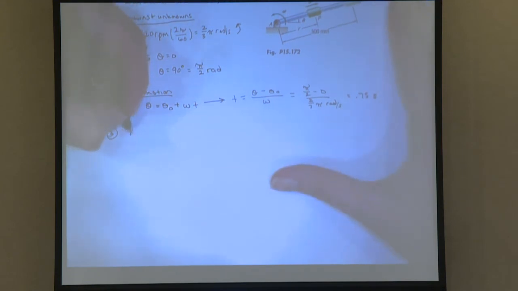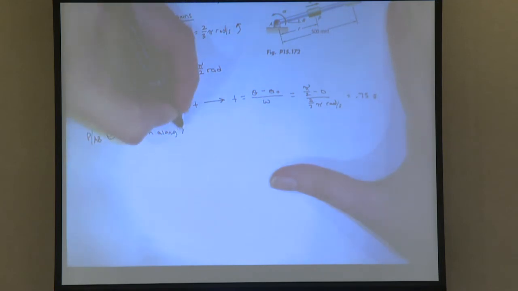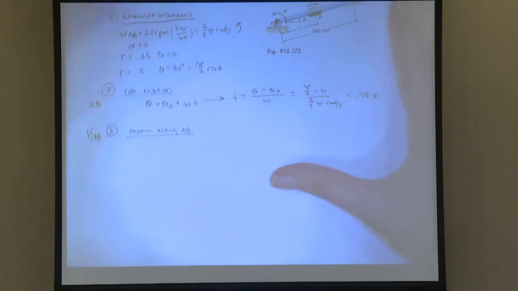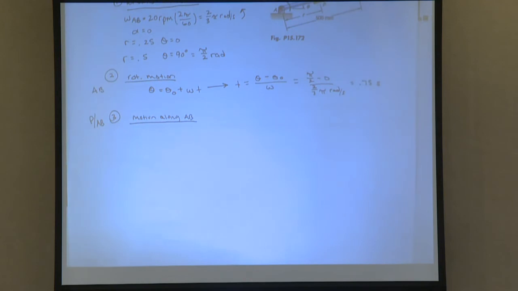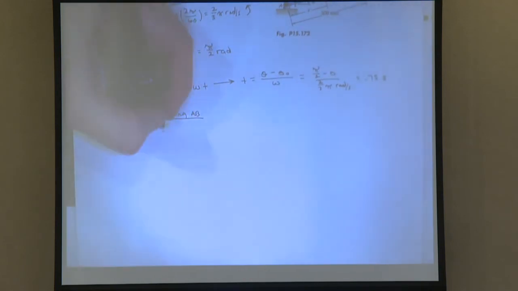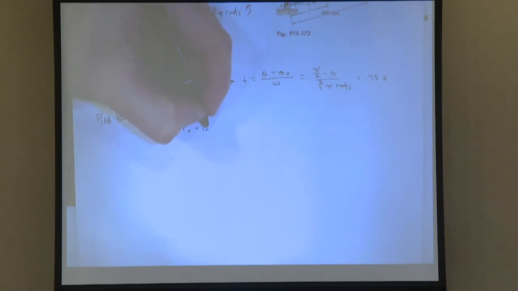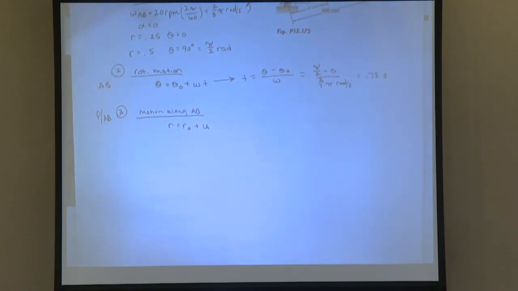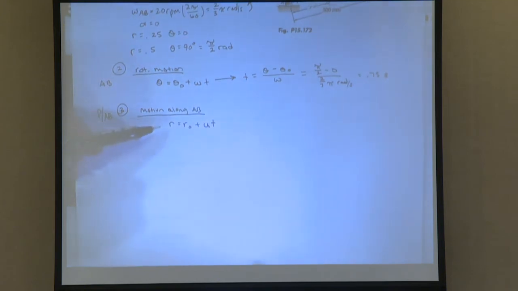I'm going to call this motion along AB, and this is just linear motion, the stuff that we were doing at the beginning of the semester. So r is equal to r naught plus the velocity, which they said is u, so it moves with the velocity of u along the rod, times the time.